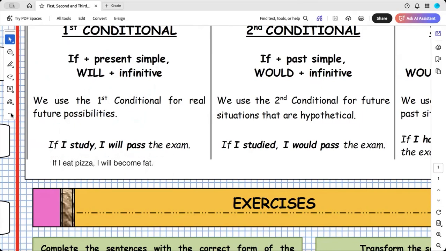So can you think of an example? If I, what do I do? If I run home, I will get tired.